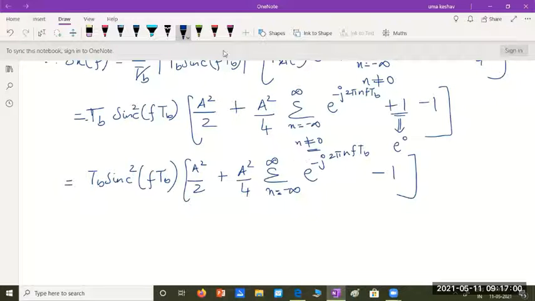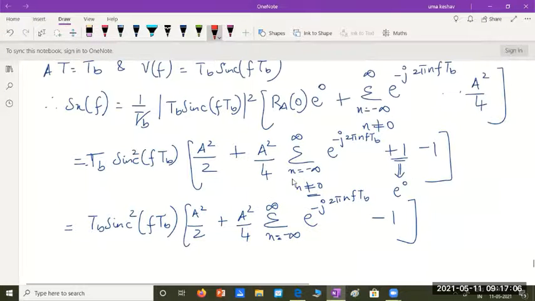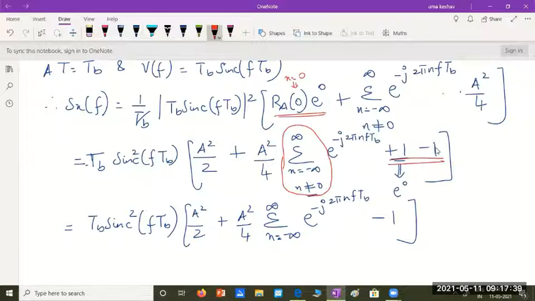Are you following this step? Please tell me if you don't follow. Listen carefully here. See, in this step, we have only e power minus j2 pi nf tb. Now, here the summation will be something like this. The summation is n is equal to minus infinity to plus infinity, but it shouldn't be 0 because n is equal to 0 value we have already considered here. This is for n is equal to 0. Now, if I want to include n0 also in this summation, I can do a simple manipulation by adding and subtracting 1 so that the value shouldn't change.